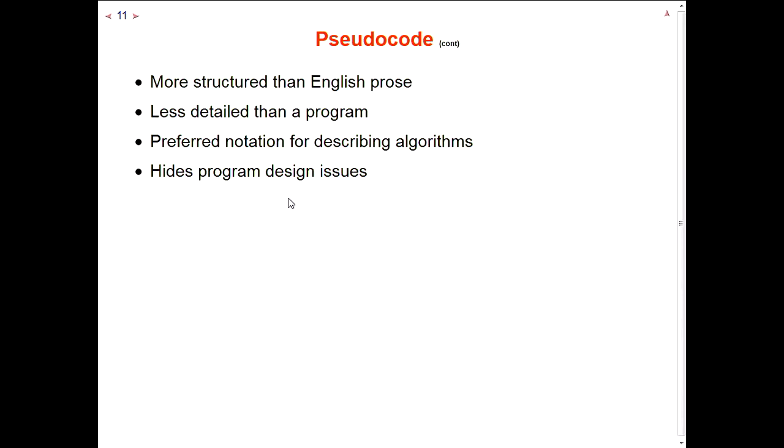You would not normally do that with the help of programming code, but with the help of something that does look like this pseudocode. The advantage is that it hides program design issues and focuses on the actual logic behind an algorithm.